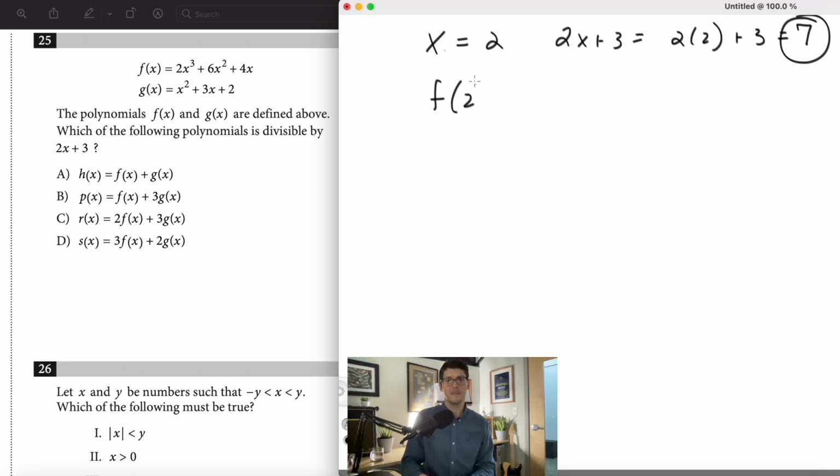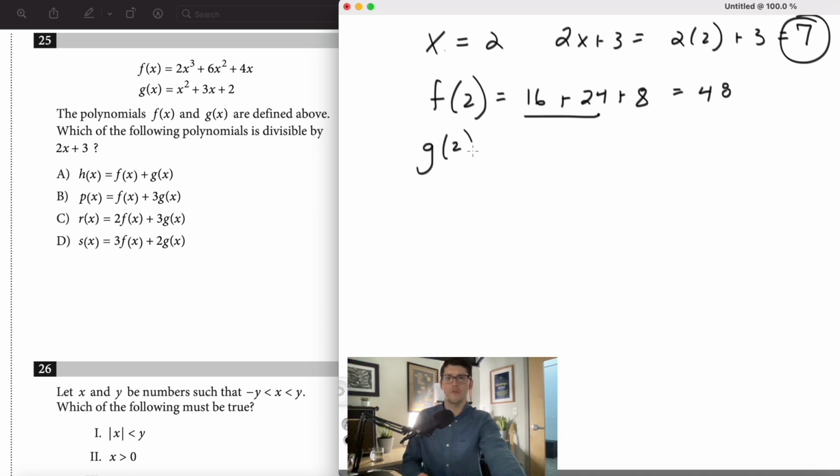f of 2, this is as big a number as I would ever use because I've got to cube 2, which is 8, times 2 is 16. Then I have to square 2, that's 4. 4 times 6 is 24. The math is getting way more cumbersome, right? So this is 48. And then g of 2.